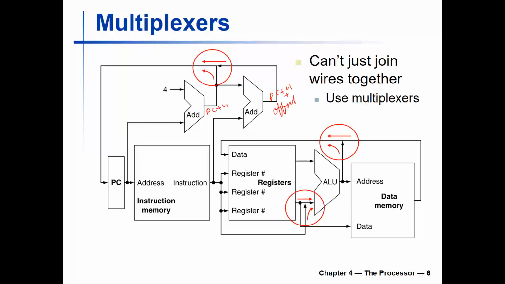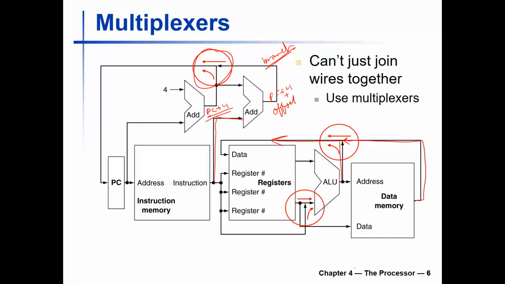And this offset comes from the instruction. This is in the case of branch. Well, which one to choose? PC plus 4 or PC plus 4 plus offset? Again, when we send data back to the register file to be saved, is this the output of the ALU, or is it the data that we read from memory? Which one?